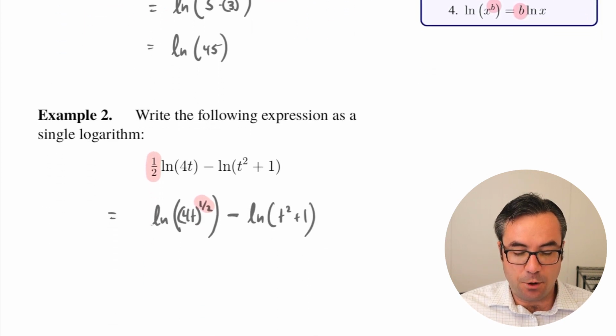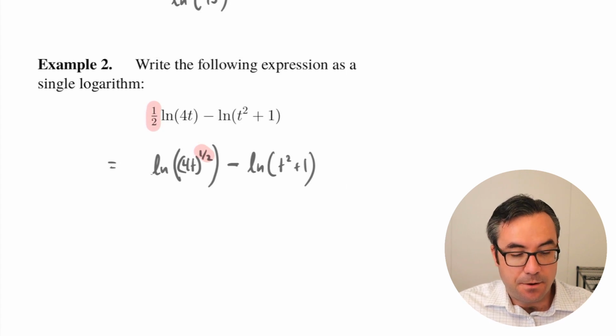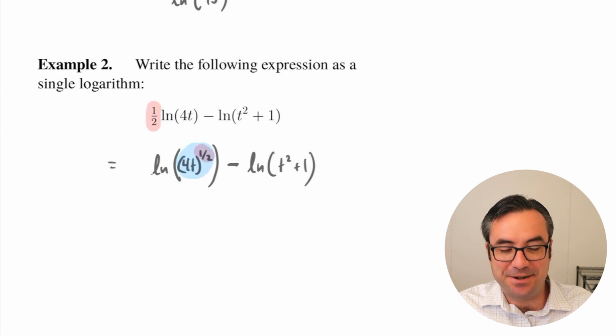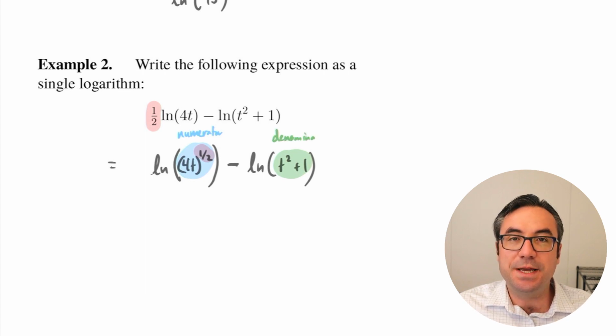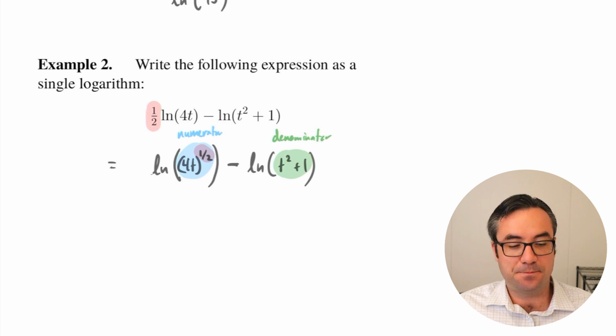All right, so if we go back down, our first piece here, this is going to be the numerator once we apply the property. And then the second piece, the t squared plus 1 that's in there, that's going to become our denominator once we get this as a single log term.